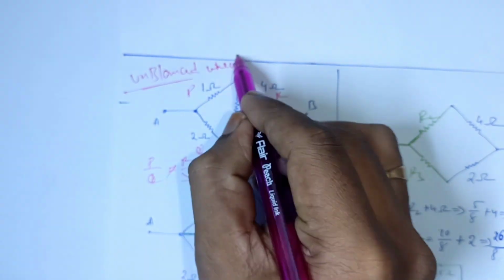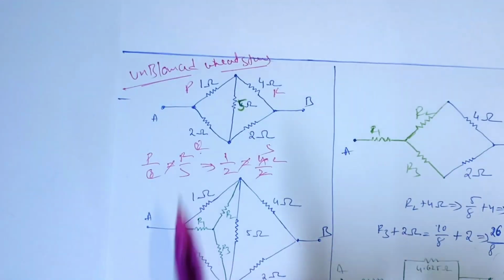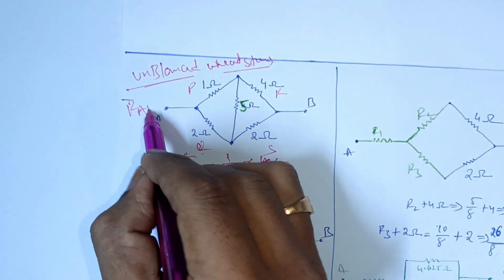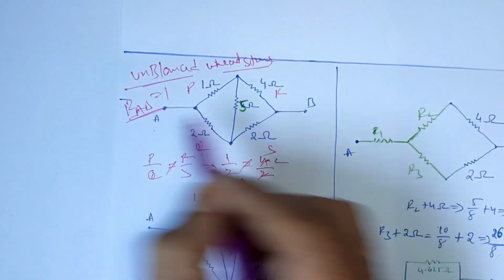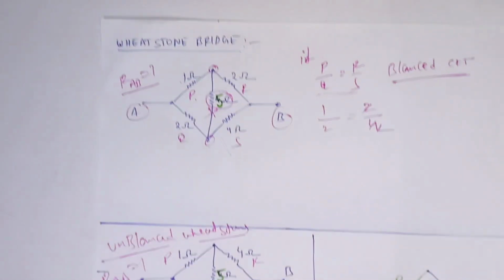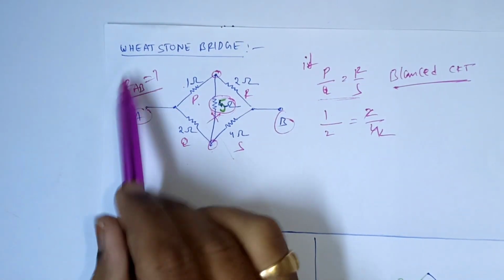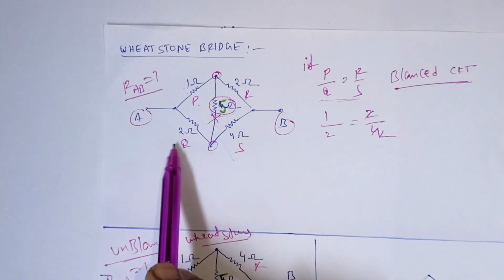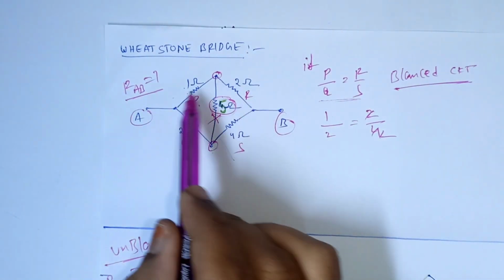Wheatstone bridge, and we need to calculate the resistance across these two, A and B. In the balanced case, these two resistors are in series, and these two resistors are in series, so that is 1 plus 2.